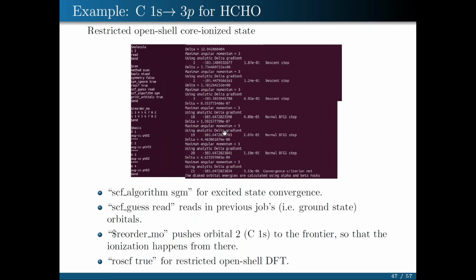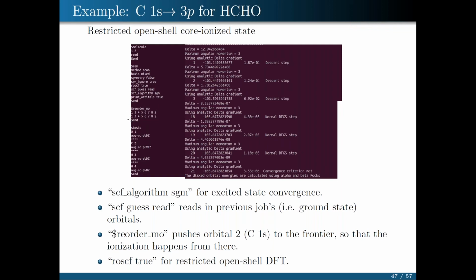Using these ground state orbitals, we can compute the core ionized state by using mostly the same input as before, except we specify that this is a restricted open shell calculation with ROSCF true. We specify the SCF algorithm GDM for the excited state calculation, and we have SCF guess read to read in the previous orbitals.